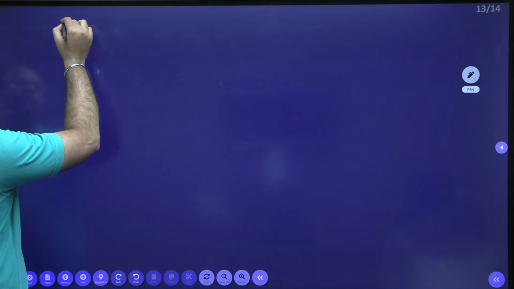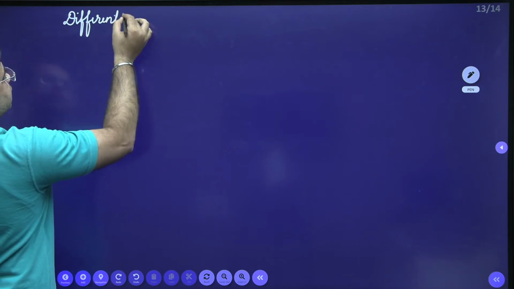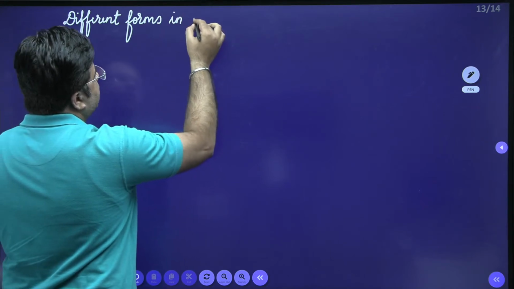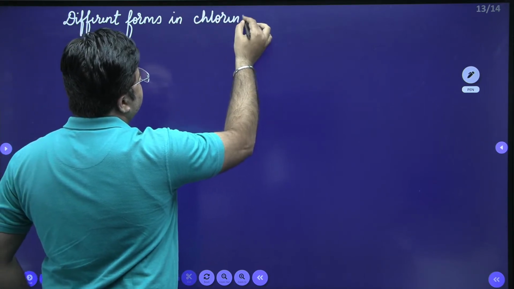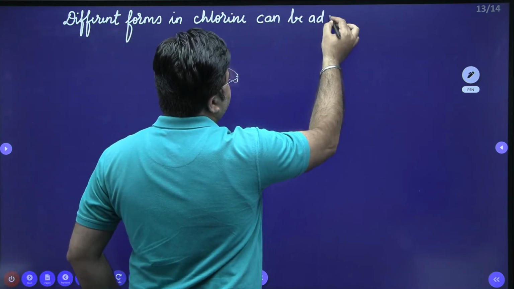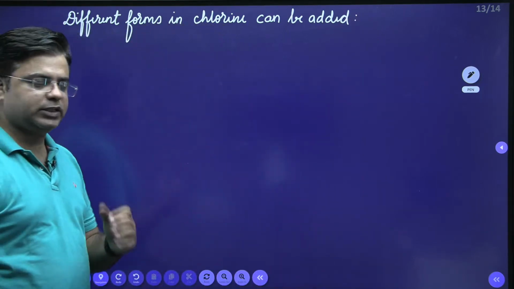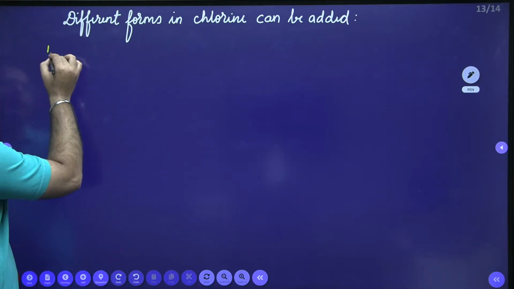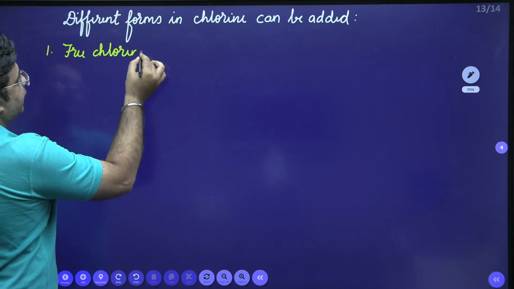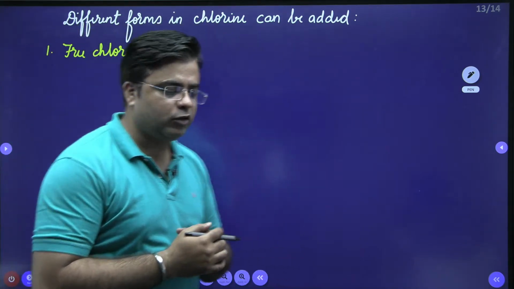Now, the different forms in which chlorine can be added to carry out the disinfection include, the first one is free chlorine.